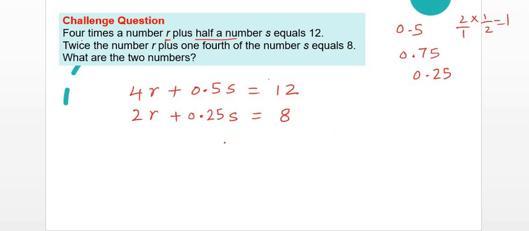Now you will think about how to equate the coefficients. To equate the coefficients, I'll multiply this one by -2. So I will get new equations. I'll write them over here. Let me erase this one as well.